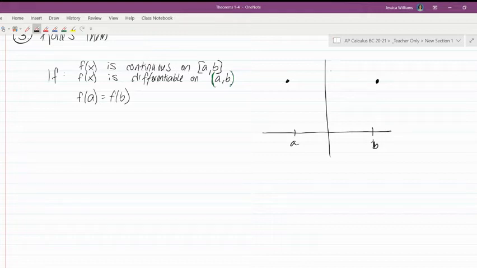So I'm just going to draw a simple squiggle wiggle because I'm still on break. So if those things, then at some point, here's your big takeaway, at some point between A and B, f prime of C, a new x value, has to equal 0 somewhere. So for some C between A and B.